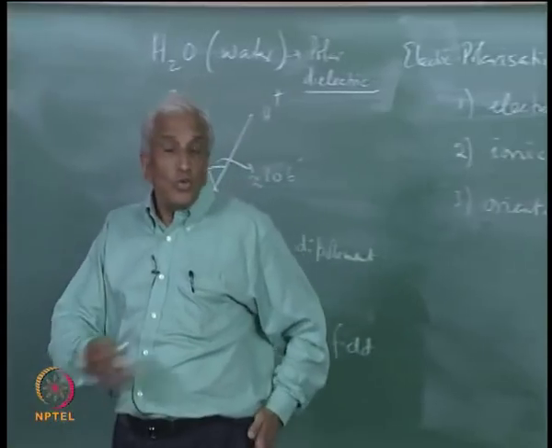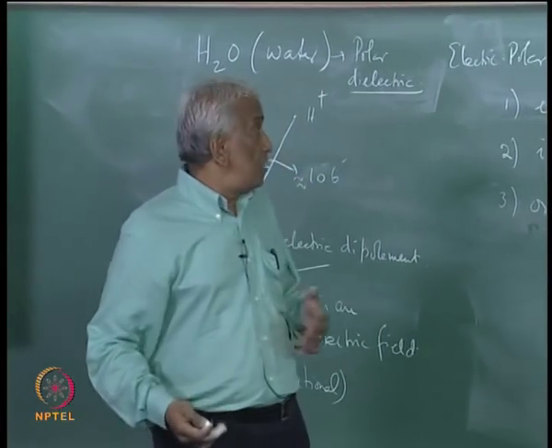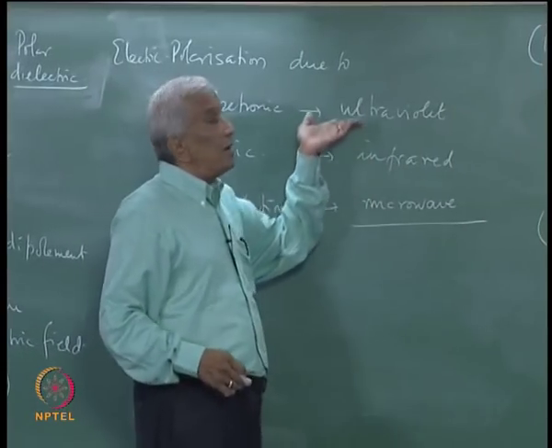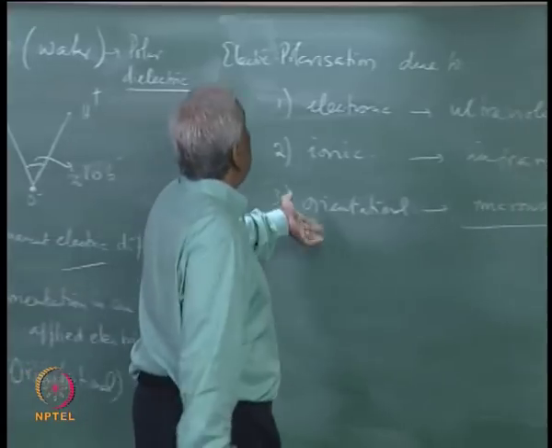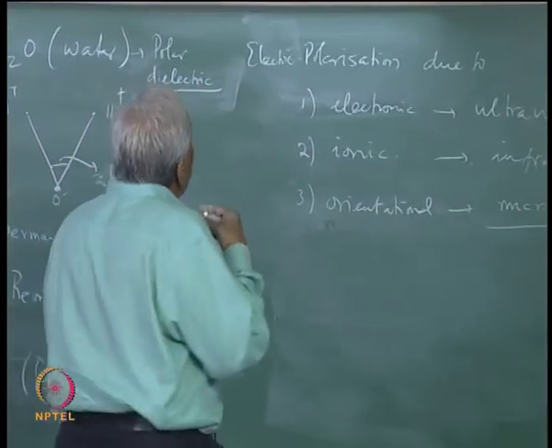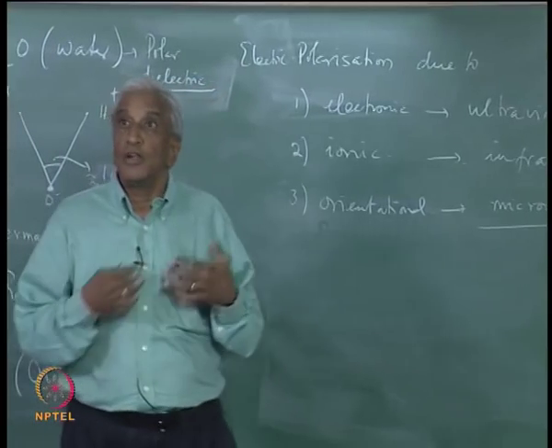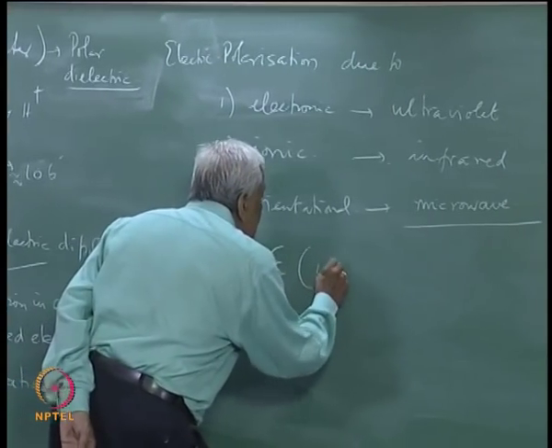So, as you change the frequency of the applied electric field and go through microwave, infrared and ultraviolet ranges of frequencies, these various contributions will give rise to polarization and hence contribute to the dielectric constant. So, the dielectric constant is frequency dependent.